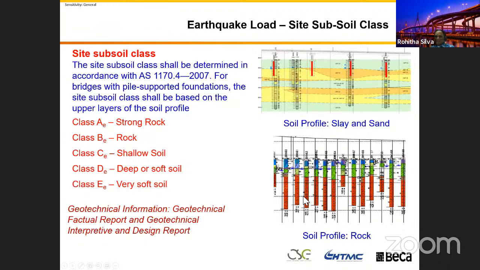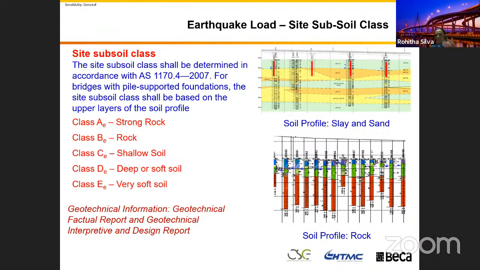For this subsoil information, of course, when you are designing a bridge, you do a lot of ground investigation. Our geotechnical engineers classify that ground investigation and compile it into reports: the geotechnical factual report, the geotechnical interpretive report, and the geotechnical design report.